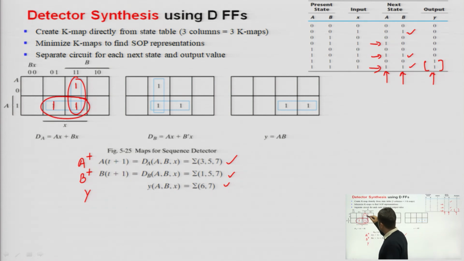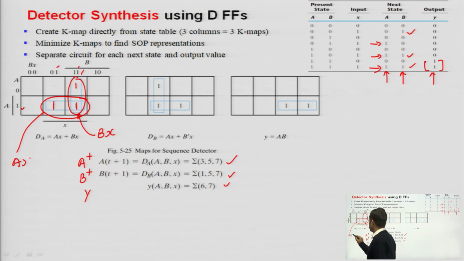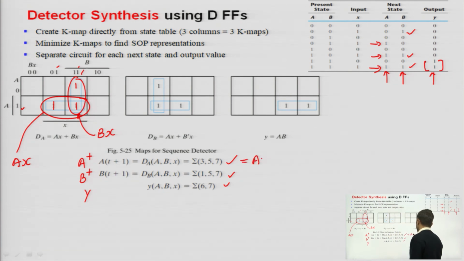You can check that from the row side nothing is common, 1 1 means Bx, and from this one, 1 is common, which corresponds to A, and from this 1 1 it corresponds to x. So the expression becomes Ax plus Bx. So A plus is equal to Ax plus Bx.